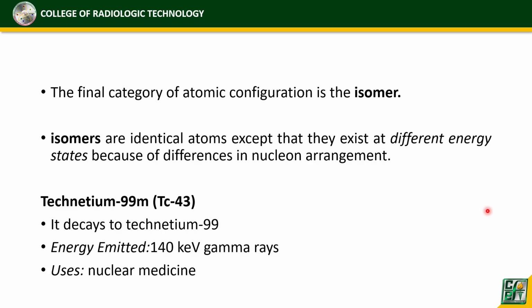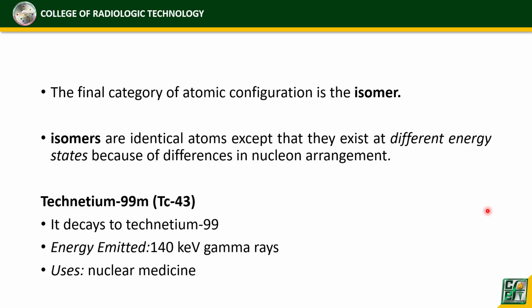Okay, so identical atoms except that they exist at different energy states because of difference of nucleon arrangement. So, yun. Nagkakaiba lang sila doon sa energy kasi magkakaiba yung composition ng nucleons. Okay, or ng nucleus. Okay, so yun yung isomer.